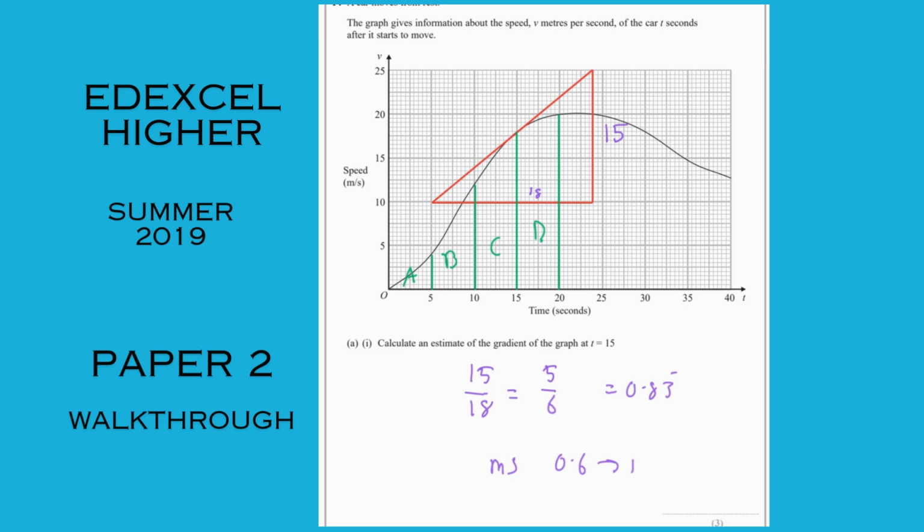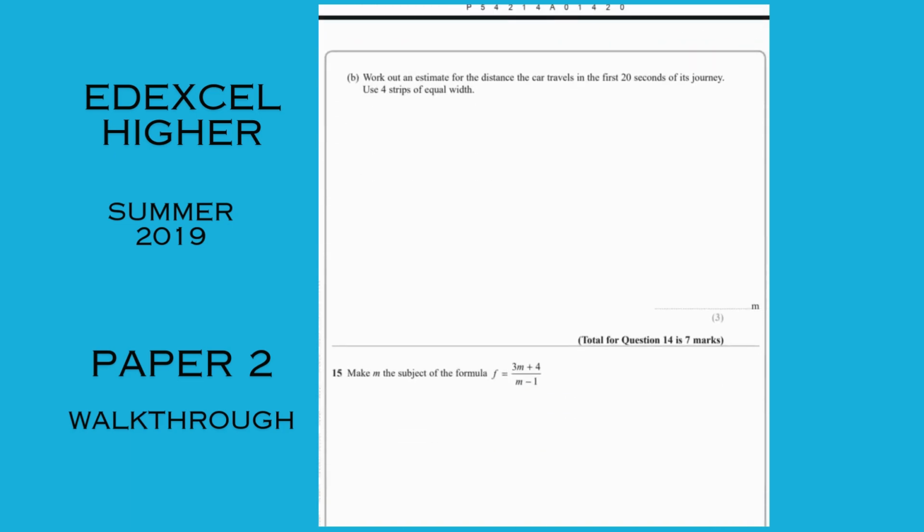A is a triangle. The width of each one, equal width of each one is 5. You just need to read off the heights. So I got that first height to be 4, then 12, then 18, and then 20. Again, mark scheme allows a little bit either way, but now you can crack on with finding the areas.